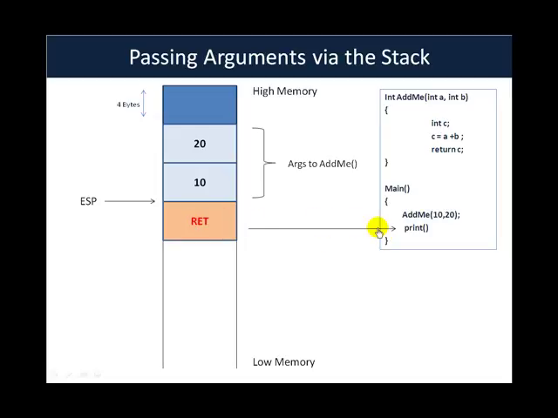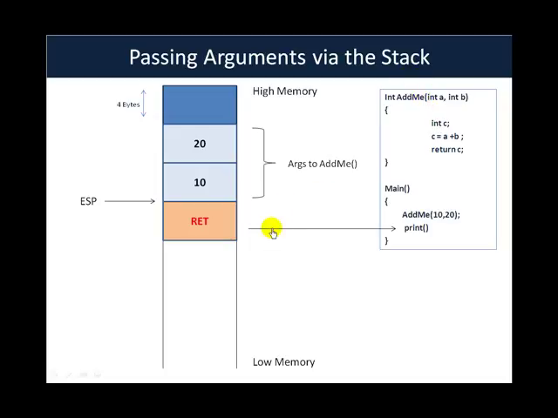So at this point, what we have on the stack is the local variables, and the return address after executing the function addMe, where the program needs to execute next.